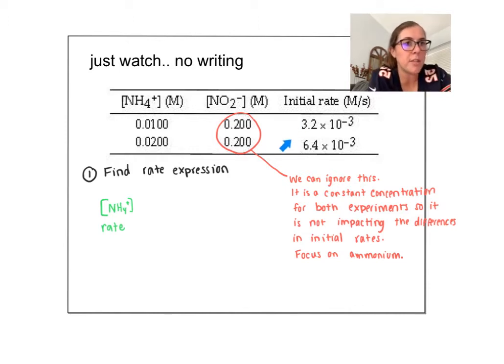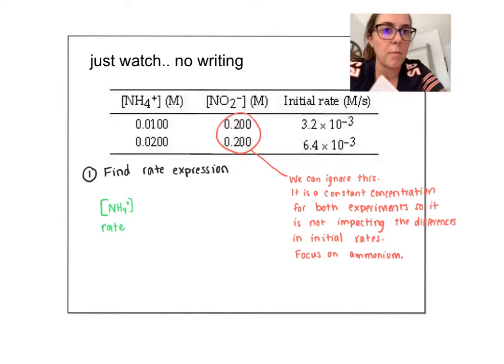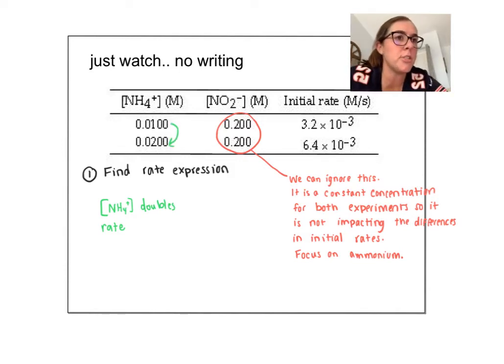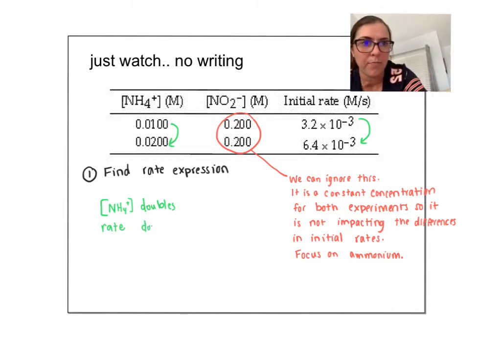So this difference in rate has to be because of this guy. So let's focus on ammonium, which is that NH4+. If you look from experiment 1 to 2, NH4+ doubles. Right? From here to here, we double. What does the rate do? Well, from here to here, we go from 3.2 times 10 to the negative third, to 6.4 times 10 to the negative third. We also double.